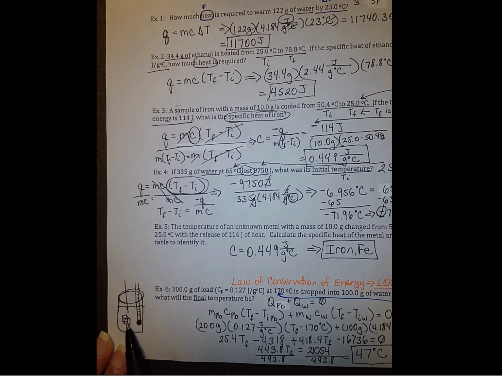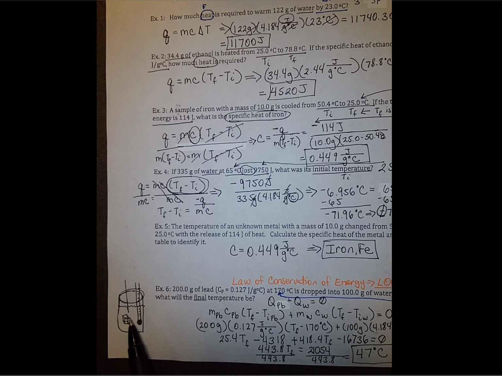But once you drop this hot piece of lead in here, the lead is going to start cooling off, but the water that the lead is in is going to start warming up. So eventually both the piece of lead and the water will reach an equilibrium temperature. Well, the temperatures will be equal.